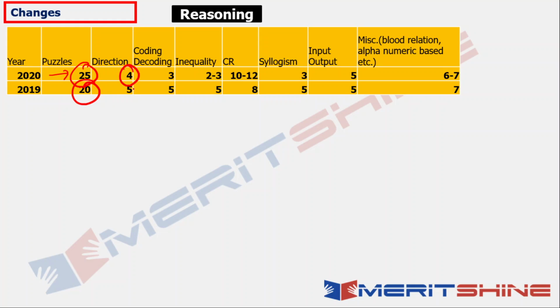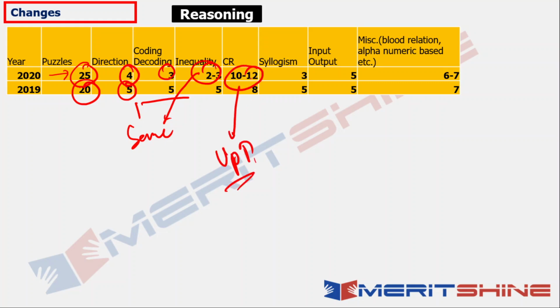Direction questions, 4 questions, 5 questions, more or less the same. Same goes with coding-decoding, a little lesser maybe. Inequality, the number of questions came down a little. CR, the number of questions went up from 8 to, some people were saying 10, some people were saying 12. But whatever, minimum 10 questions, that's a huge amount.